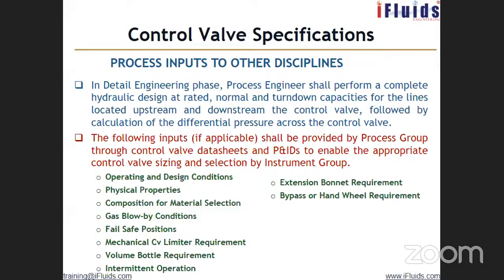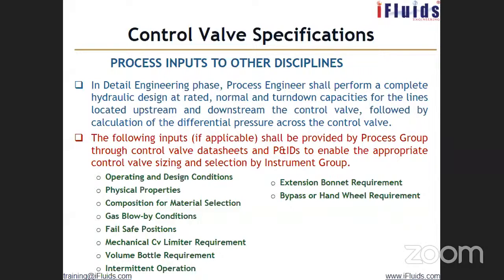And this data sheet along with the P&ID will help the instrumentation engineer to do the control valve sizing. We approximately do the control valve sizing by line hydraulics, as I told you just now, which will be fine-tuned by the instrumentation group, and the final characteristics will come from the vendor who supplies the valve.